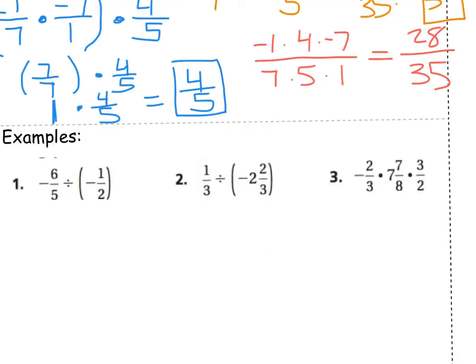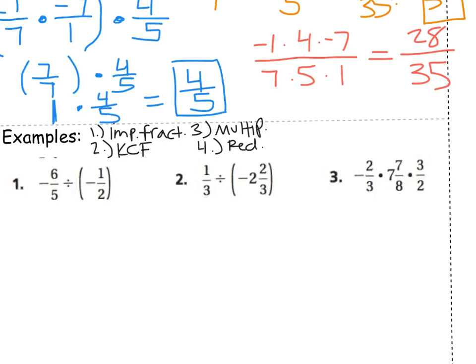Now you guys are going to be able to work on the examples. Remember that when we're dividing, your steps, if they're not in improper fraction form, are: we have an improper fraction, then we keep, change, flip, multiply across, and then we reduce.